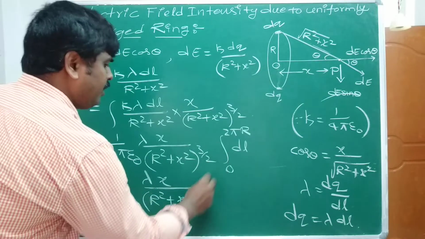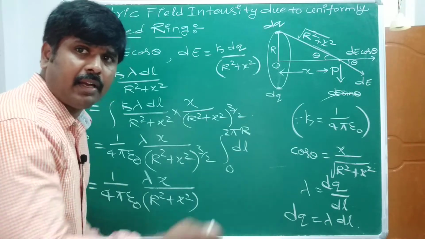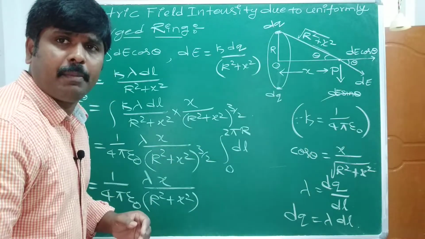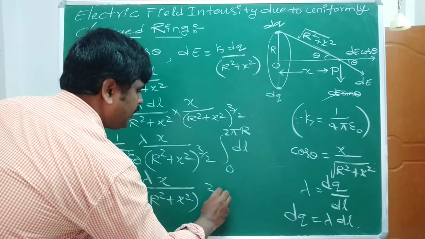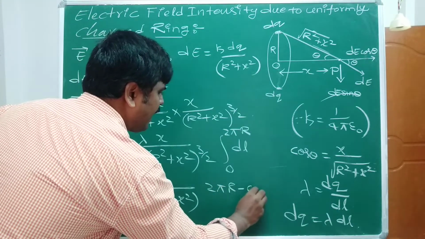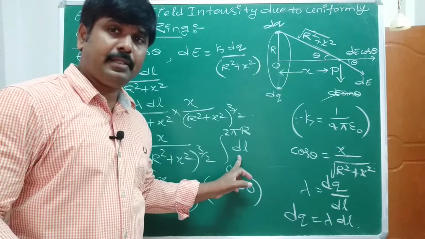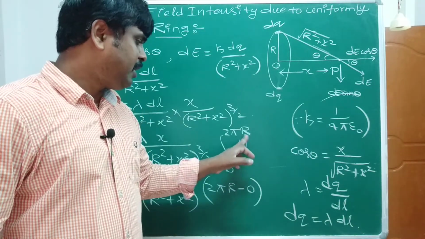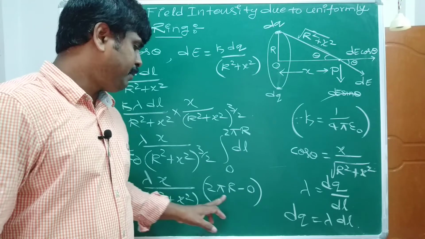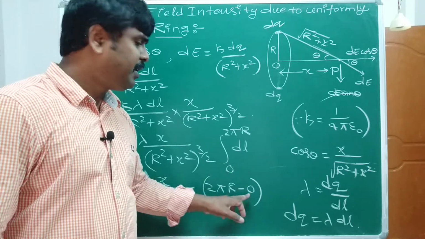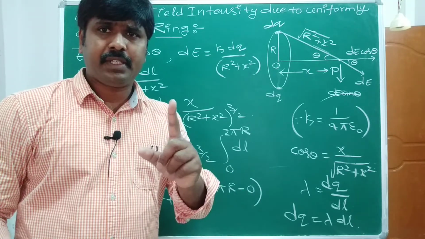The integral of dl is L, the upper limit minus the lower limit, which gives 2 pi r minus 0. The upper limit is 2 pi r and the lower limit is 0.